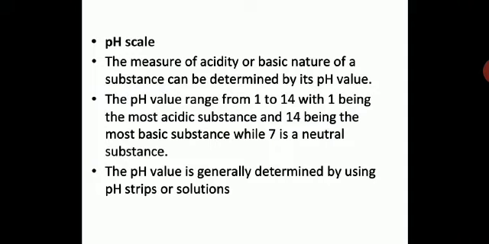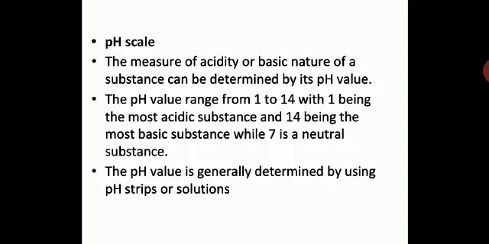So when you move from 7, if you take the middle value, that is 7 from 1 to 14, if you move towards 1 from 7, the substance becomes more acidic. That means a substance having a pH value 1 will be more acidic than a substance having pH value 2. Similarly, a substance having a pH of 4 will be more acidic than the substance with pH 5.